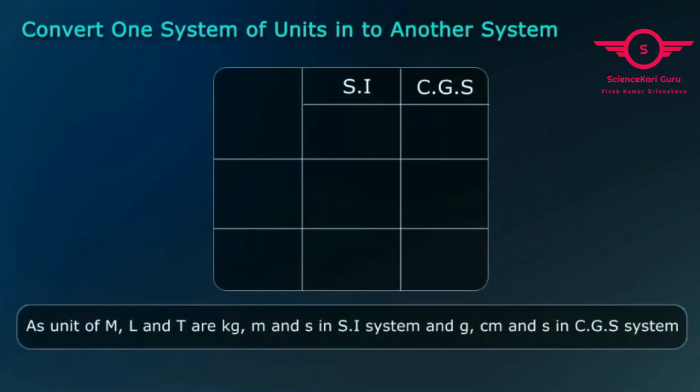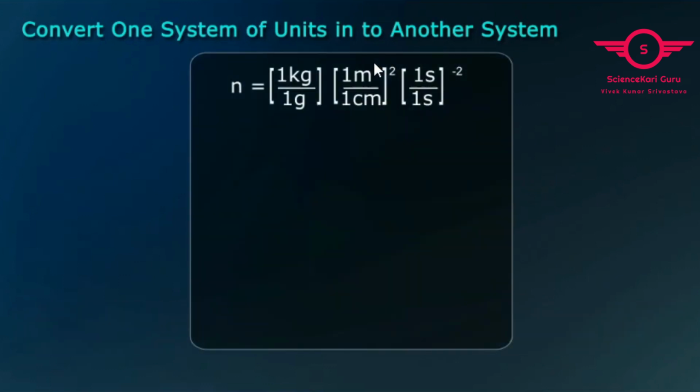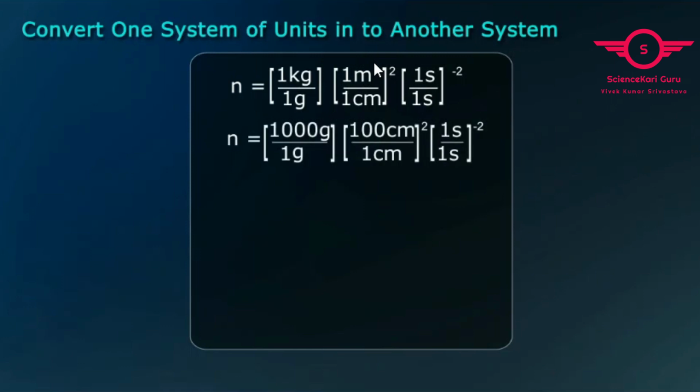As unit of M, L and T are kilograms, meters and seconds in SI system, and grams, centimeters and seconds in CGS system, N is equal to 1 kg by 1 gram into 1 meter by 1 centimeter power 2, 1 second by 1 second power minus 2.